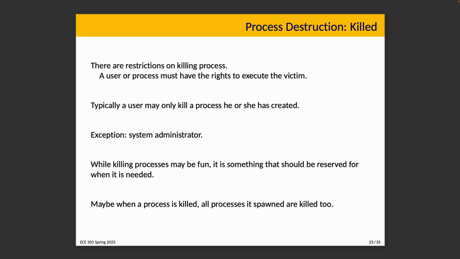The user or process must have the rights to actually make that happen, and system administrators obviously can do this, as well as the operating system itself, which can terminate a process if it thinks it has gone rogue. We may have thought of several scenarios in which this makes sense, like if a process is using too many resources, you terminate it. That's something the operating system might choose to do, even if that's not very common for a commercial operating system.